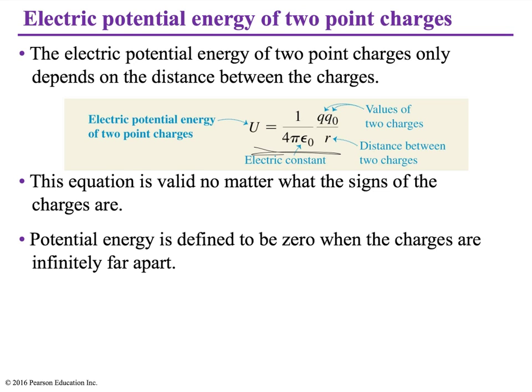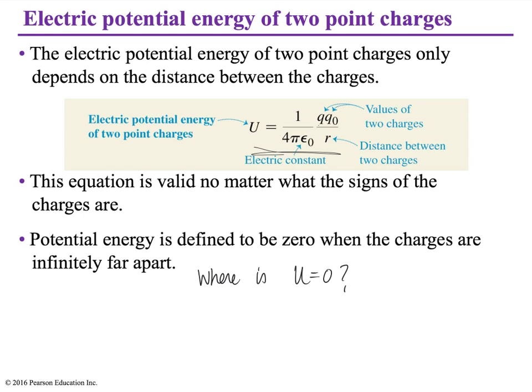And so if the two charges are positive, the potential energy is positive. Likewise, if they're both negative. Realize, though, that if the two charges have opposite signs, we're going to have a negative potential energy. One of the things that we might wonder about is where is U equal to 0?